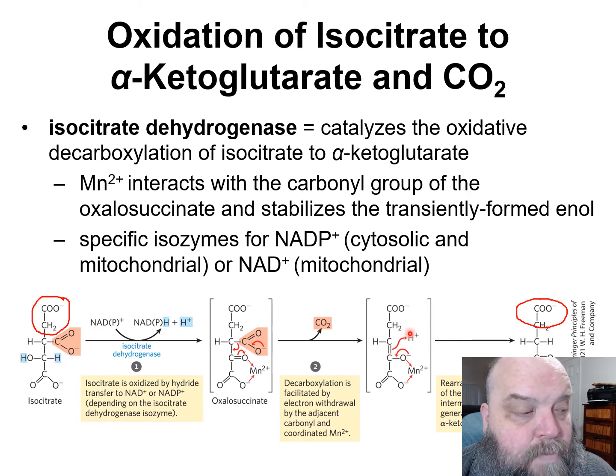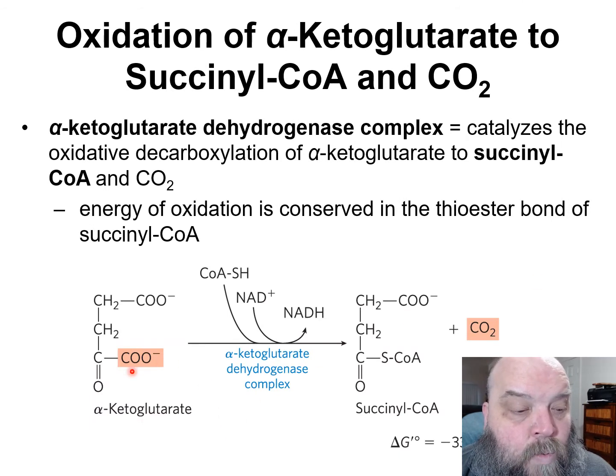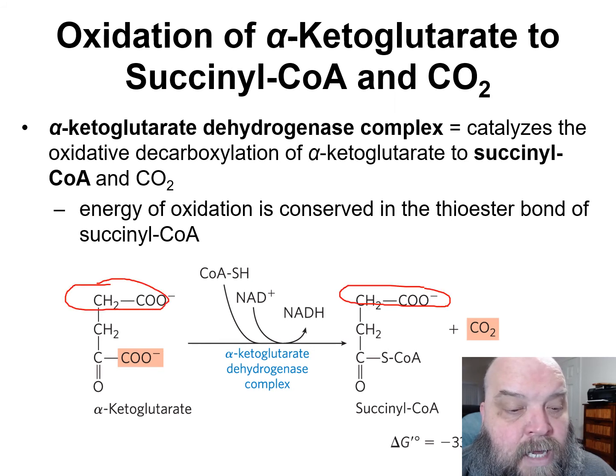This bond up there becomes a hydrogen. So we now have alpha ketoglutarate. Let me do this again. Here are the two carbons that we've been tracking that just came in on the acetyl.